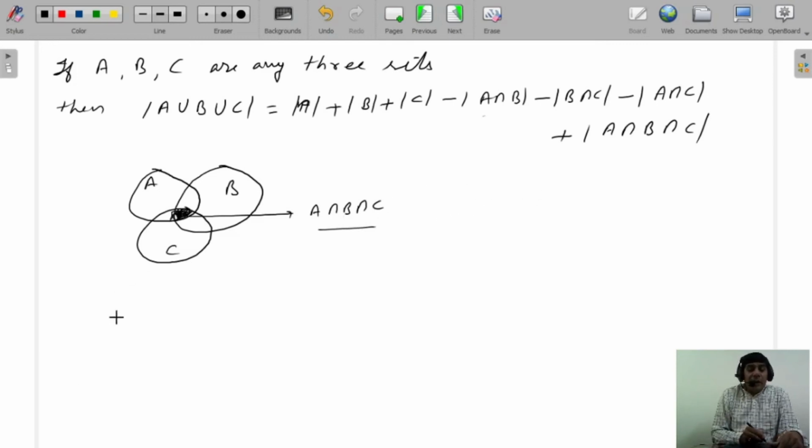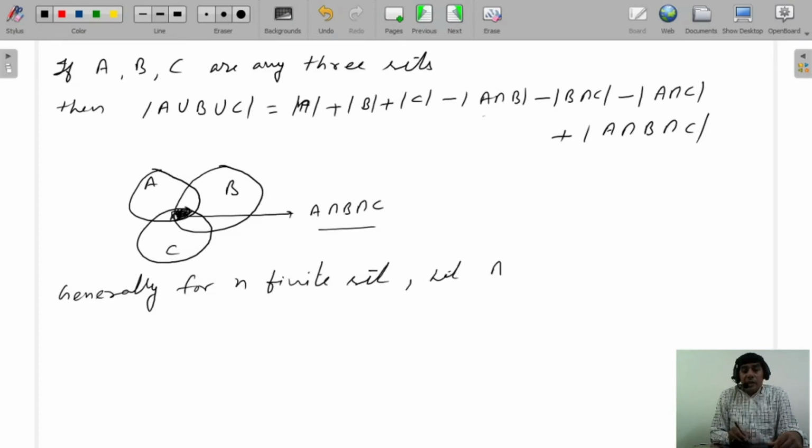Generally for n finite sets, let A1, A2, A3 up to An.